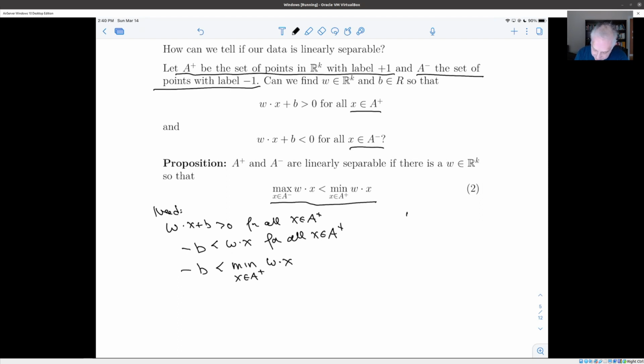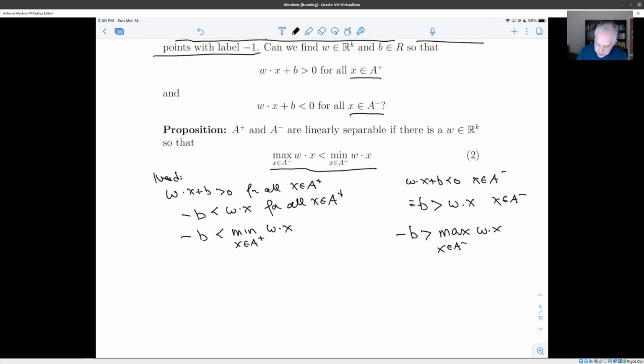And similarly, if you want w dot x plus b to be less than 0 for x in A minus, then you want minus b to be bigger than w dot x for all x in A minus. And so you want minus b to be bigger than the maximum over x in A minus of w dot x.